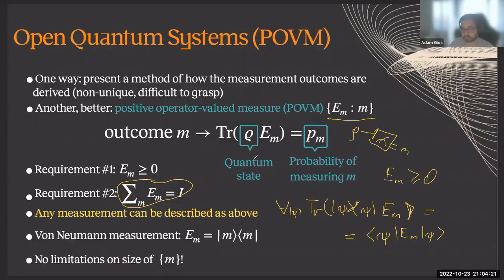Furthermore, what we also want is that these probabilities sum up to 1. And this I will not show precisely, but I will just show why this condition makes sense. If we take the sum of the probabilities, we inject the formula from the middle of the screen. We use the linearity of the trace.